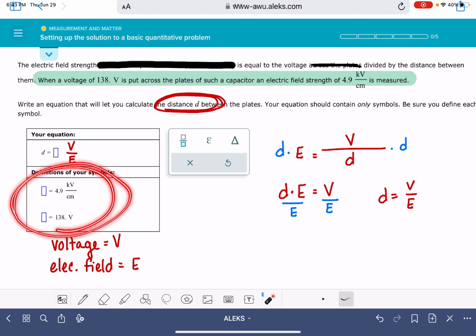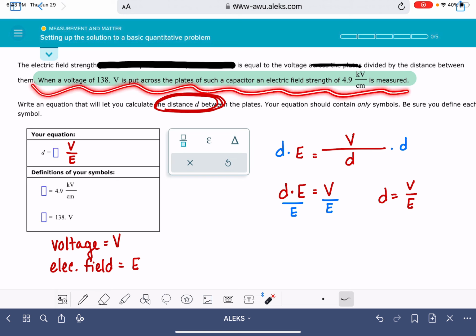In the next part of the problem, this is where ALEKS is going to ask you to define your symbols. And this is where we're going to come back to this information right here.